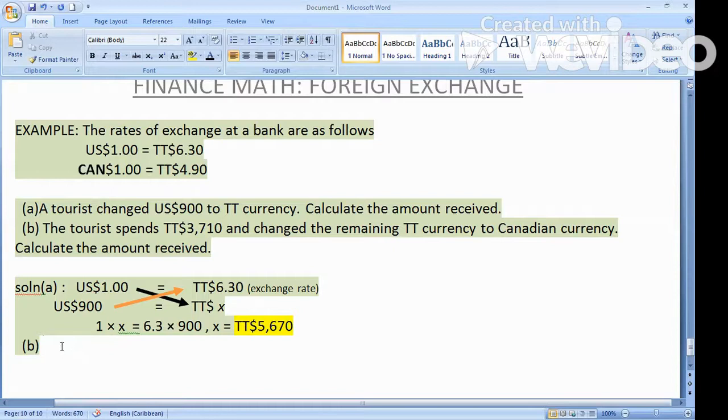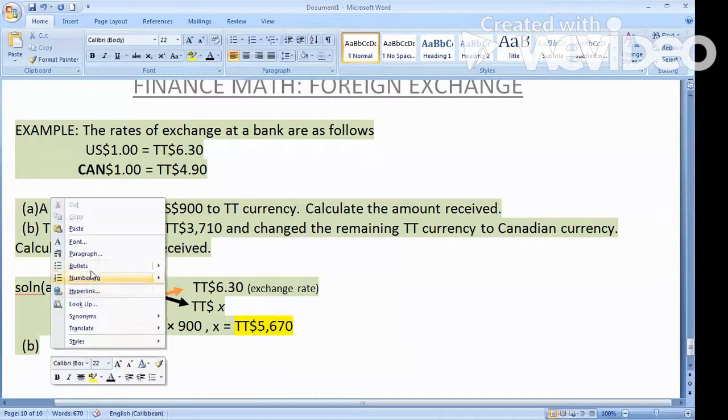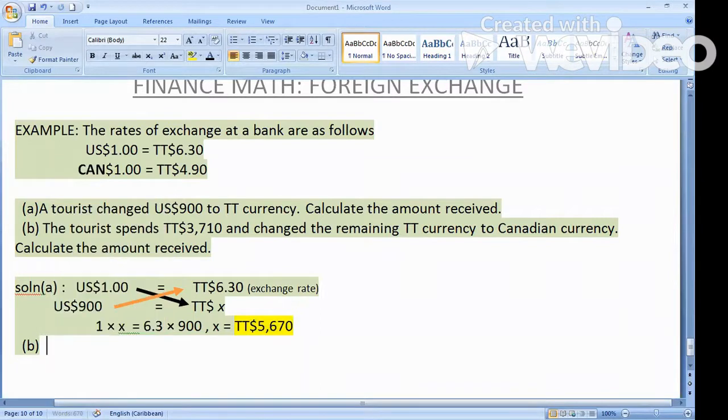So after the tourist got this amount of money, he or she would have used the 3,000. So what we're going to do is subtract. And you notice when you're doing maths, you don't have to put in the dollar sign or the currency. You just leave them out.